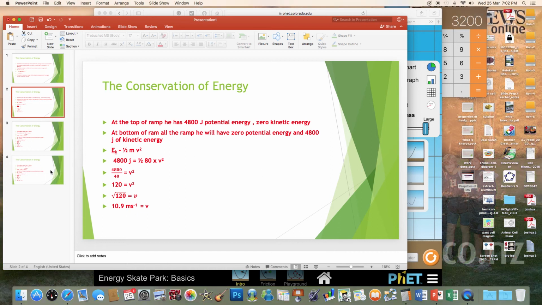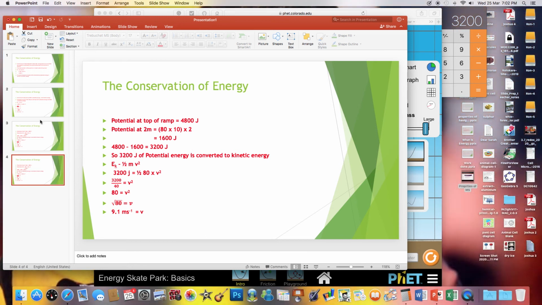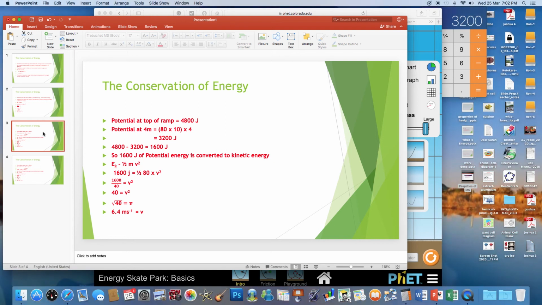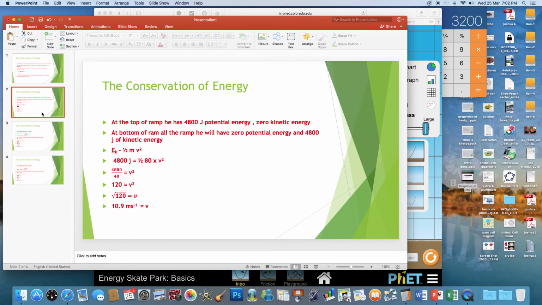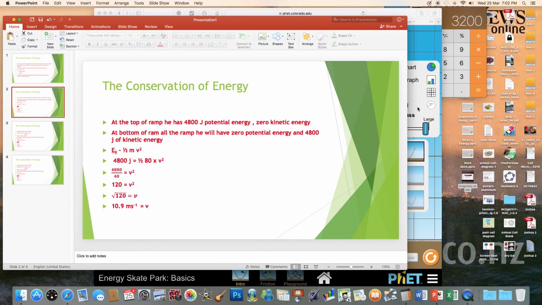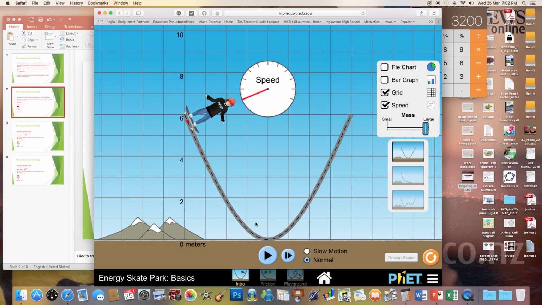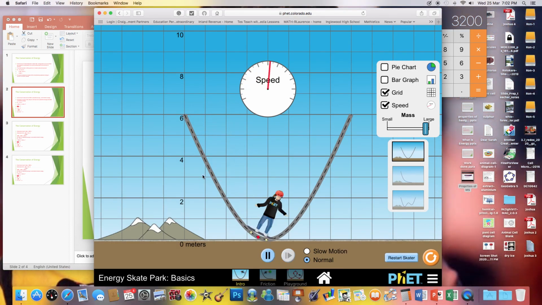At the bottom, so he's gone from no kinetic energy at the top to 6.4 meters per second to 9.1 meters per second, and then to 10.9 at the bottom. Okay, and that's just utilizing the conservation of energy. So you could do that anywhere on that graph.